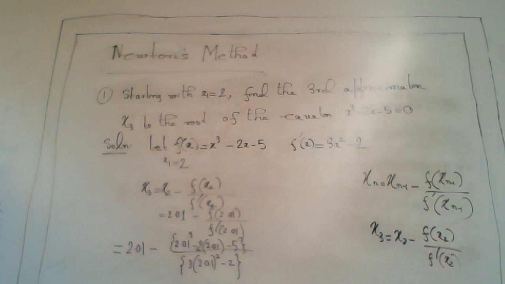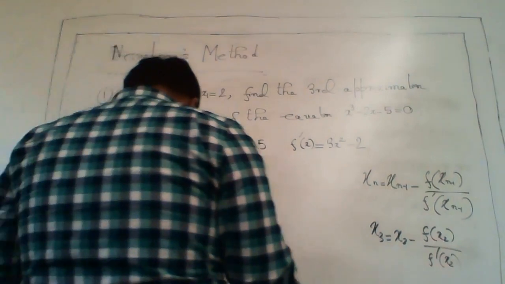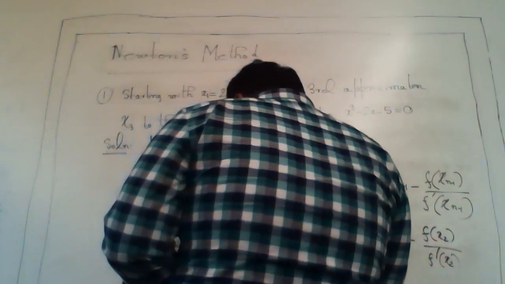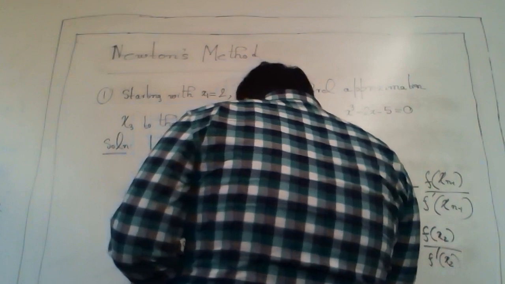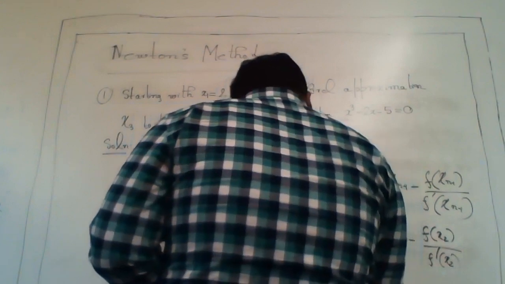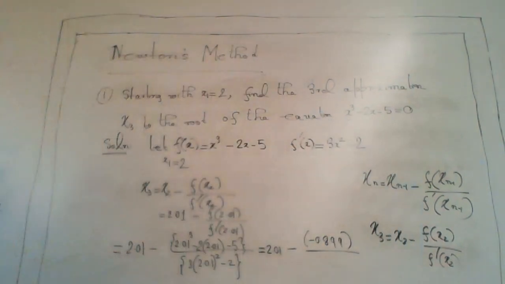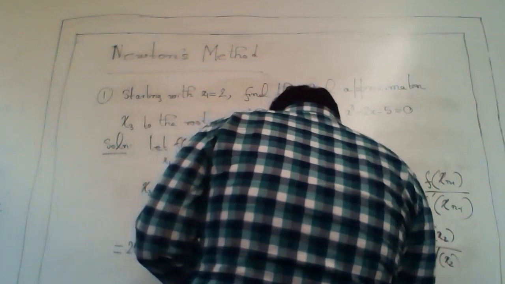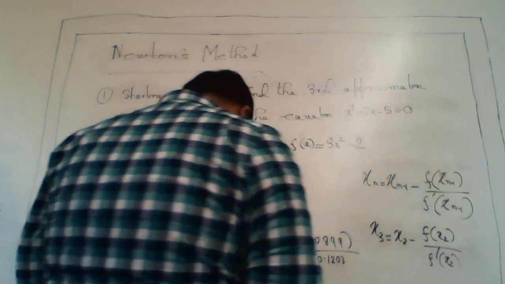The top value you get is -0.899. The bottom value you get is 10.1203.